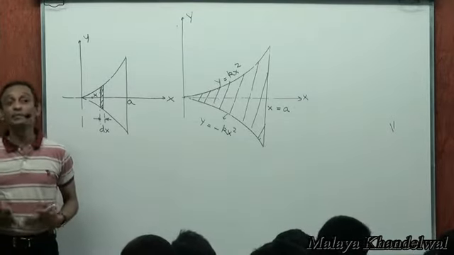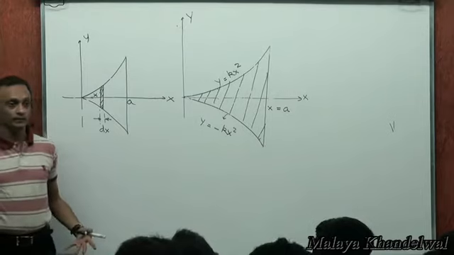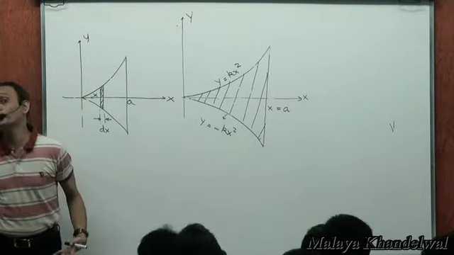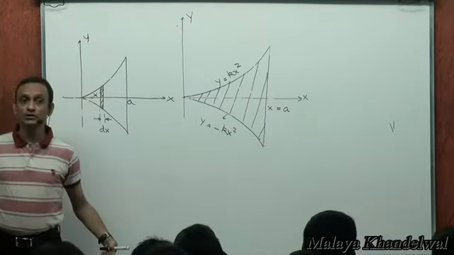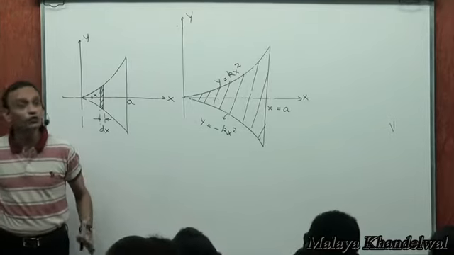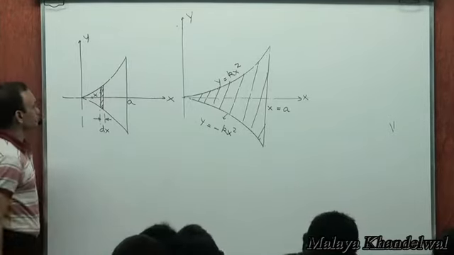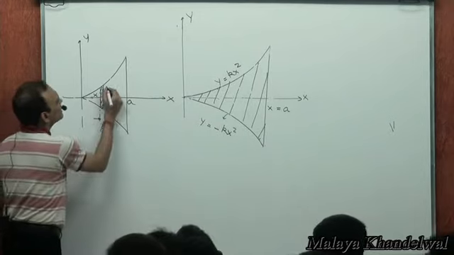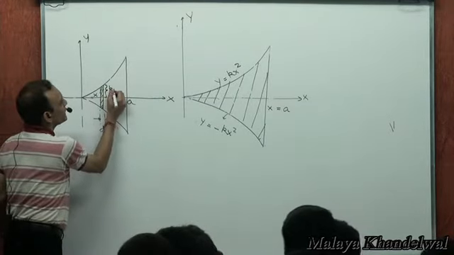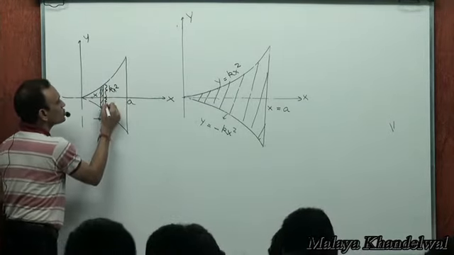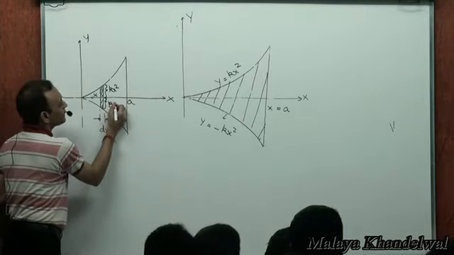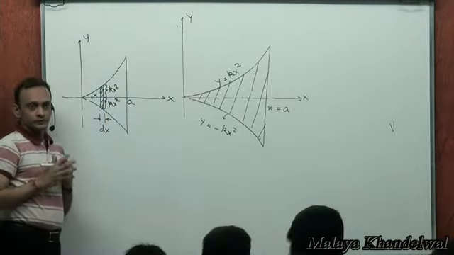And then I divide by the total mass. That will give me the x coordinate of the center of mass of this profile. Clear? Is that okay or not okay? Very good. Now, see, this is kx squared in length. This is also kx squared in length.